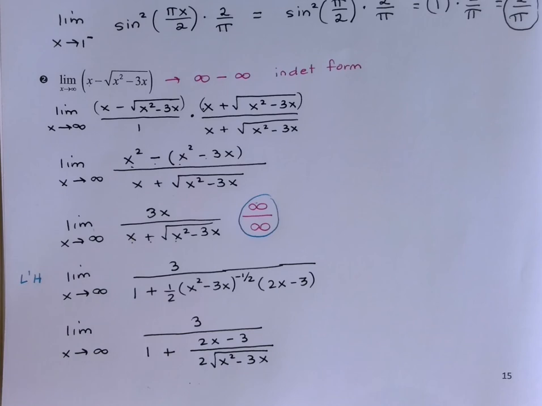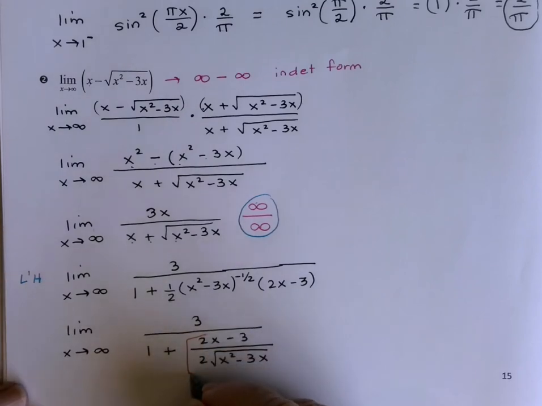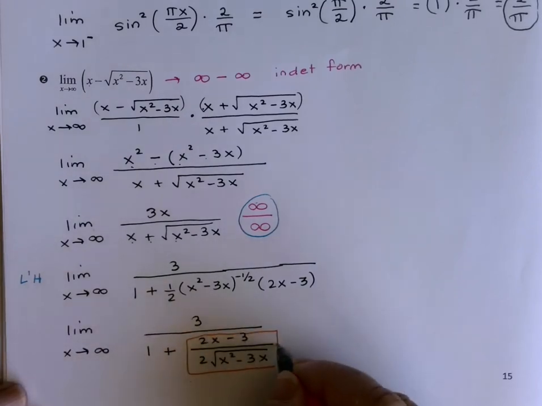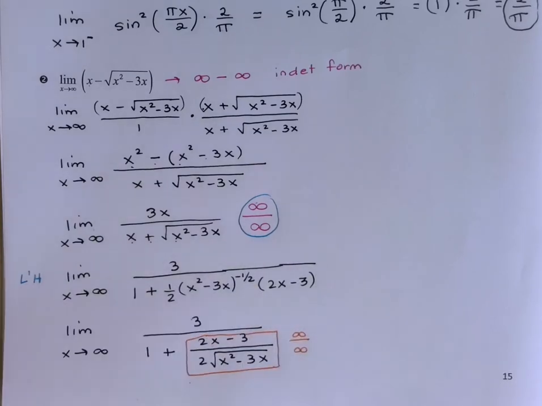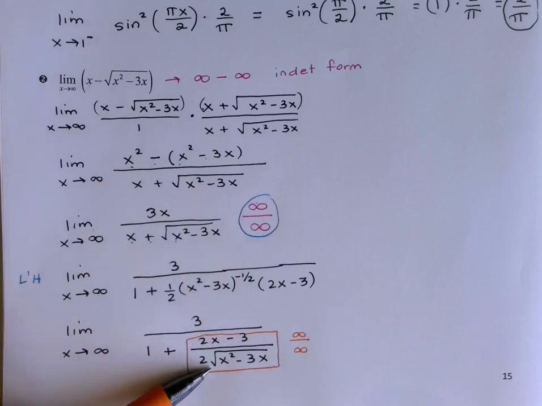And here's my problem. The 3 is fine, the 1 is fine, but notice this little sub-problem right here. What about this fraction? Well, that's still infinity over infinity. If I continue to do L'Hopital's rule again and again, what's going to happen to that little piece is this radical is going to keep going from top to bottom to top to bottom.